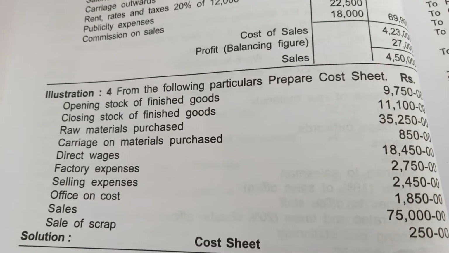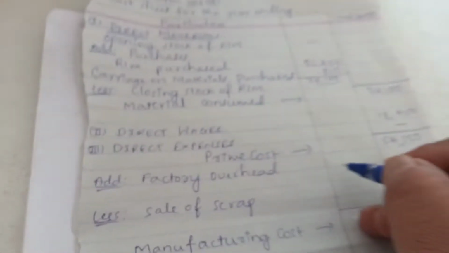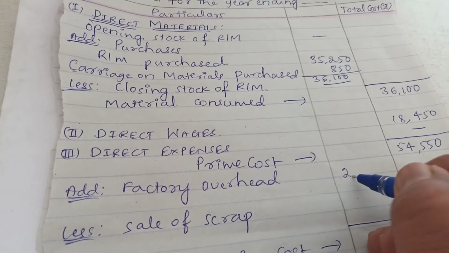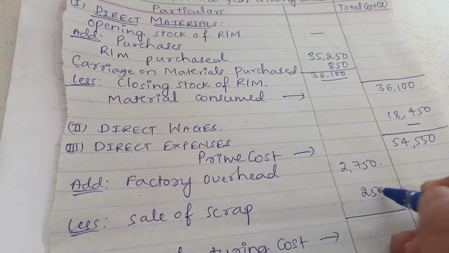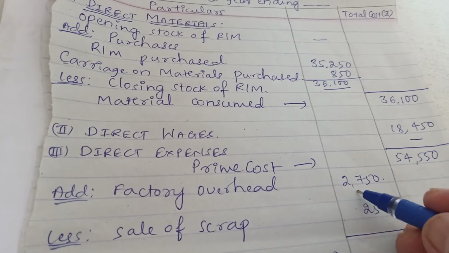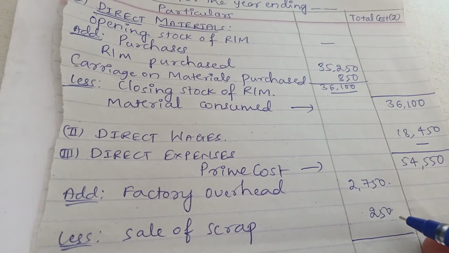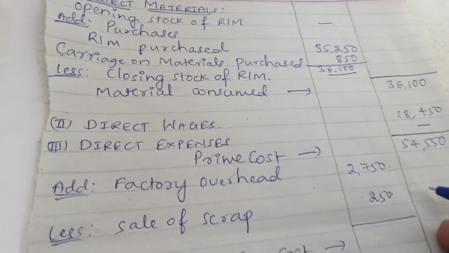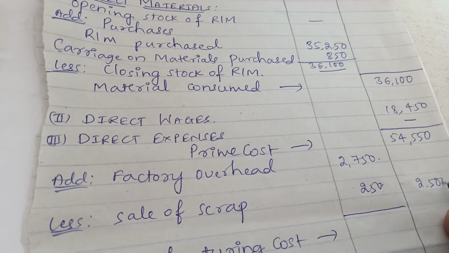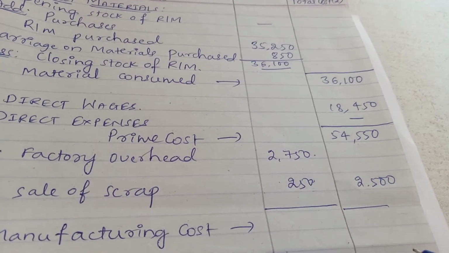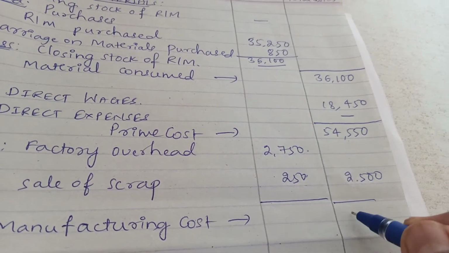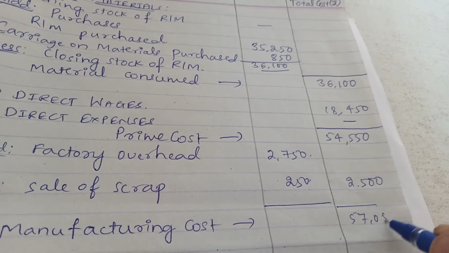Sale of scrap is 250. So from 2750 we deduct 250, that gives us 2500. This 2500 is added to the 54,550. It gives us 57,050.